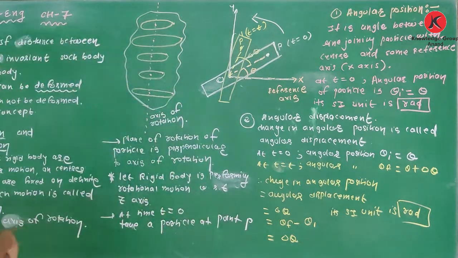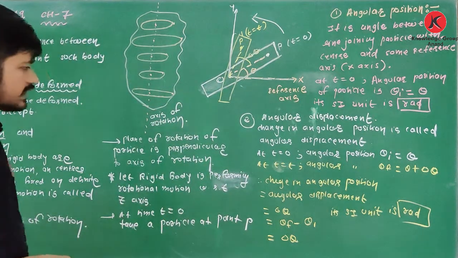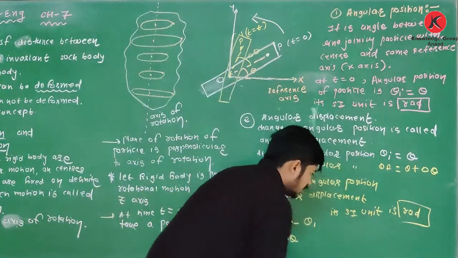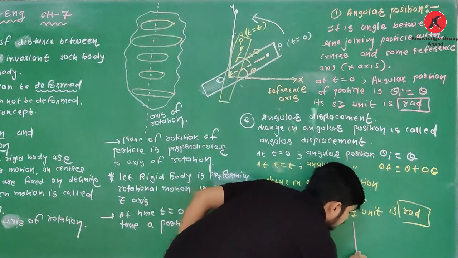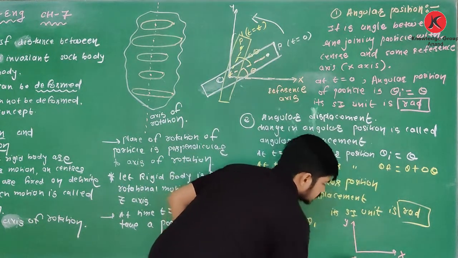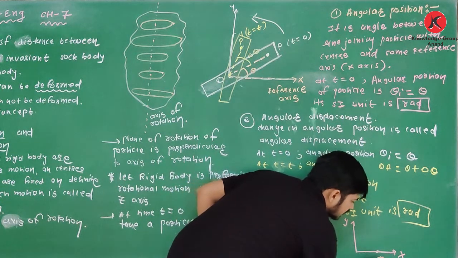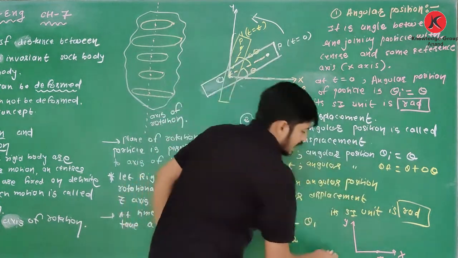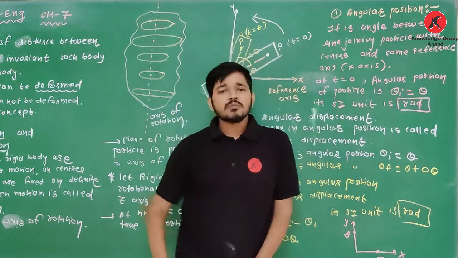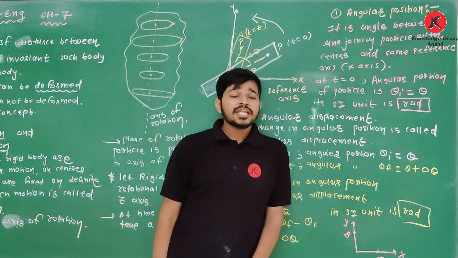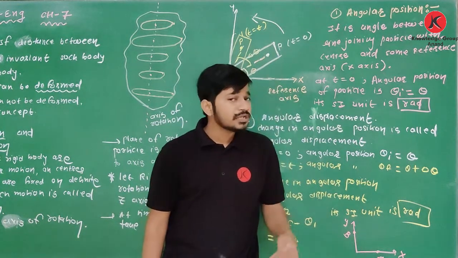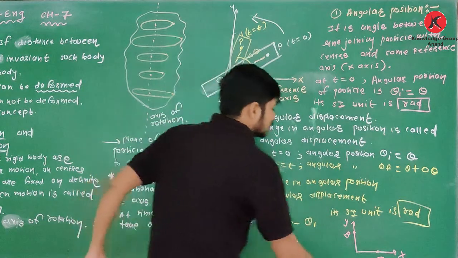Now I will take one example and explain. Okay? It is easy. See, for example, it is the x-axis, it is the y-axis. Initially, the object is here at point A, and then it is at point B. Then what is the initial angular position?